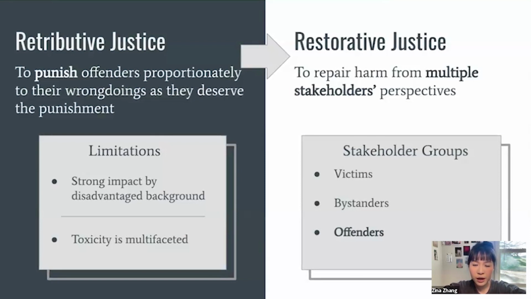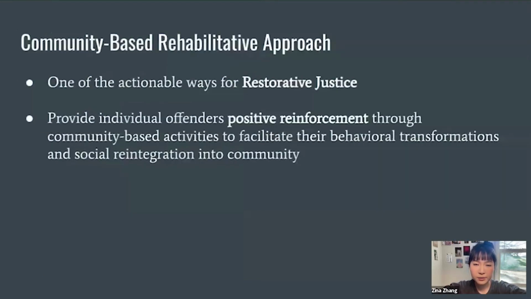Restorative justice includes various stakeholders, including the victims, bystanders, and offenders. This research focuses on the offender's perspective. According to criminologists' observation, a practical approach for restorative justice is a community-based rehabilitative approach.